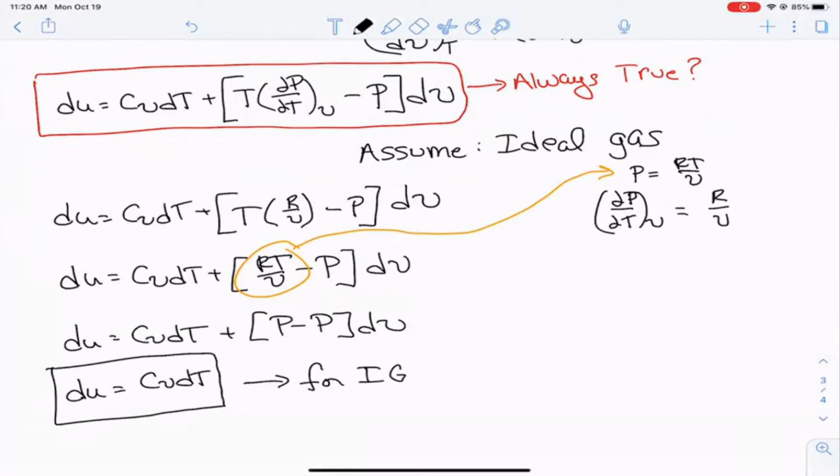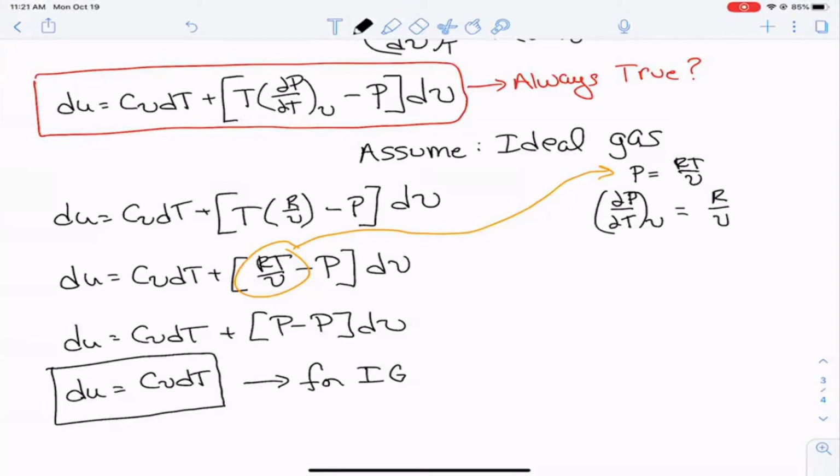And this is the math behind our assumption this entire semester that the internal energy is only a function of temperature, or that the change in the internal energy is only a function of temperature, because we've only been dealing with ideal gases, unless we're using the steam tables, of course, for steam. But for all of our equation-based problems, we assume an ideal gas, and the internal energy does not change with anything other than temperature.